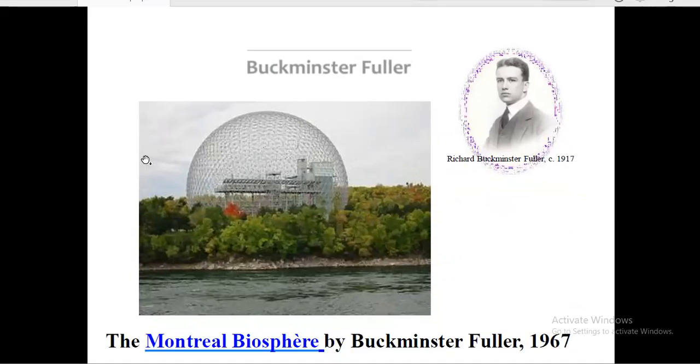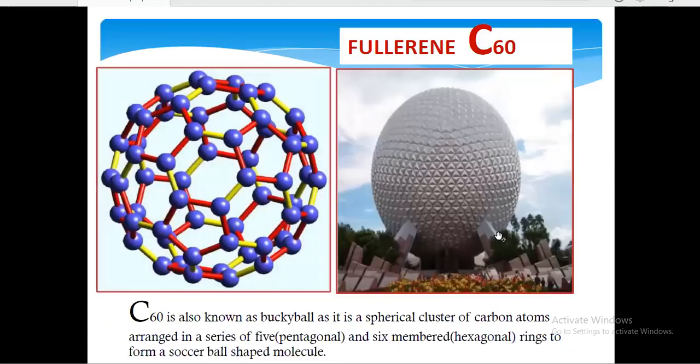You can see the Montreal Biosphere by Buckminster Fuller in 1967, which looks like a dome. This is the 3D hollow C60 structure, and this is a structure that resembles it. These are geodesic domes.